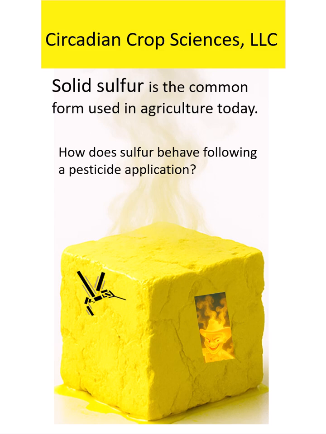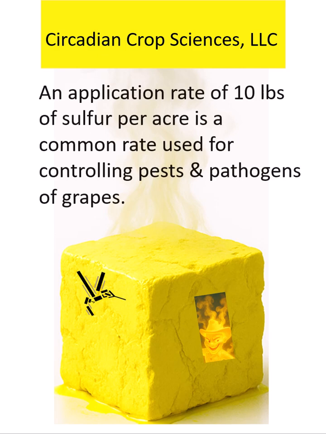How does it behave following a pesticide application? We've already talked about that in the diagram just a little bit, but we're going to learn more. Application rate of 10 pounds of sulfur per acre is a common rate used for controlling pests and pathogens of grapes.